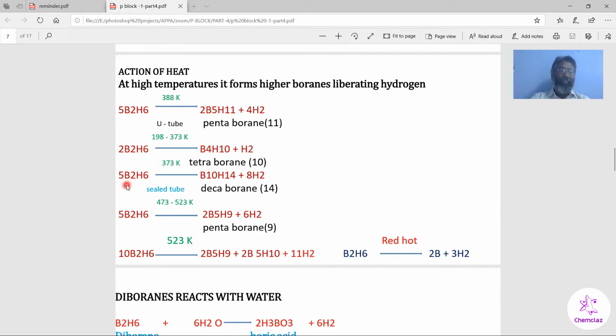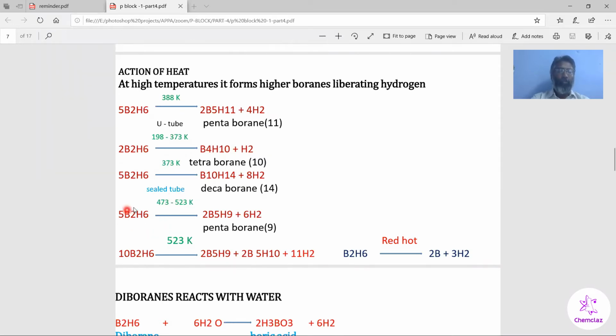Again, if we take 5 moles of diborane and change the temperature to 373 Kelvin instead of 388 Kelvin, the product is decaborane-14. Deca means 10 boron and 14 hydrogen. This reaction takes place in a sealed tube.